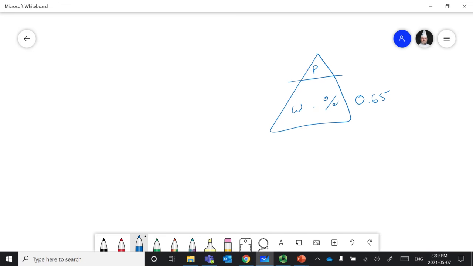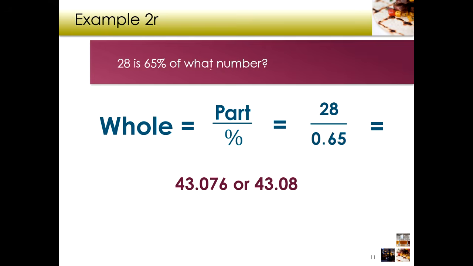It's telling us that 28 is a part of something, right? So that means 28 is our part. So we're going to take 28, divide by 0.65, punch it into my calculator, and we're going to end up with 43.08, or 43.